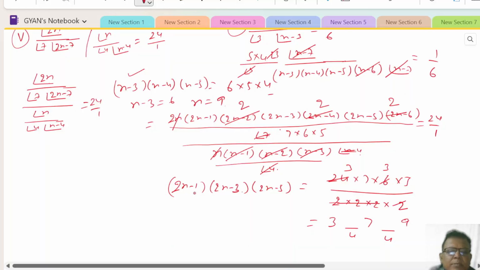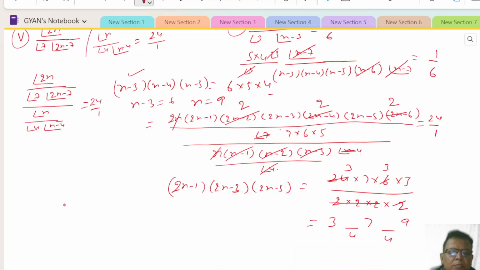So what is the difference between this and this? 2n minus 1, that is 4, and this one. See, 2n minus 3 minus 1. What is the difference? So the difference is minus 1 plus 3, that is 2.